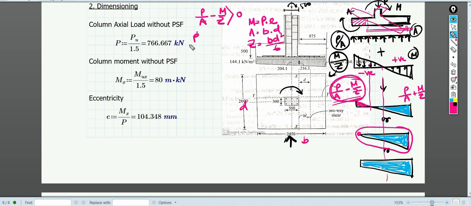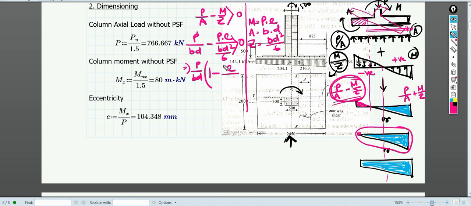So let's rewrite this equation. P by A is P by bd, minus M, which means P into e, by Z, which is b d square by 6, and this should be greater than 0, right? Now look here. If I take P by bd common, then I can write 1 minus 6 e by d greater than 0.